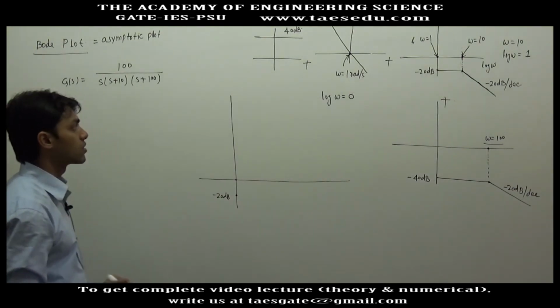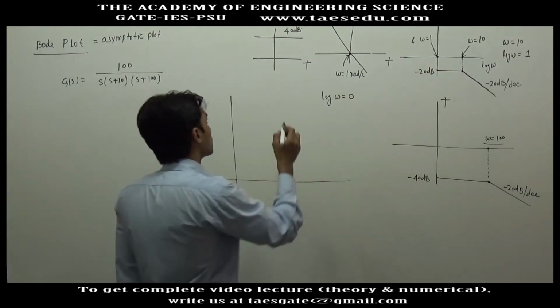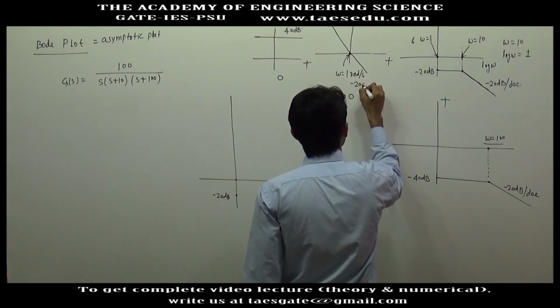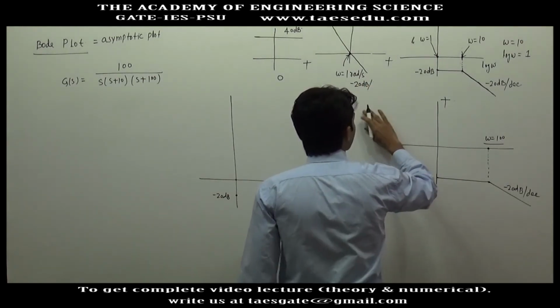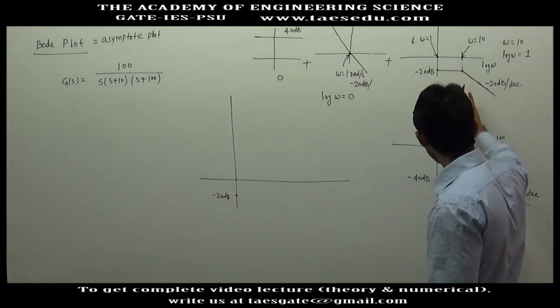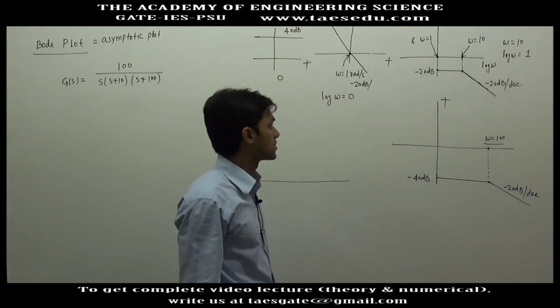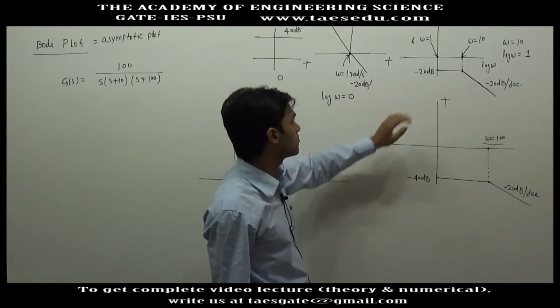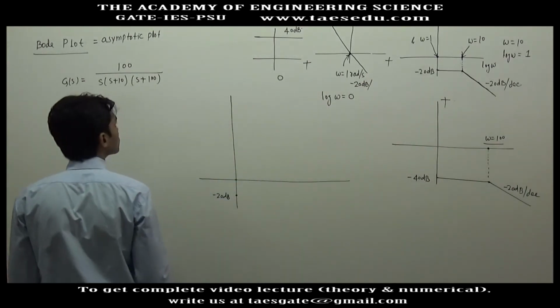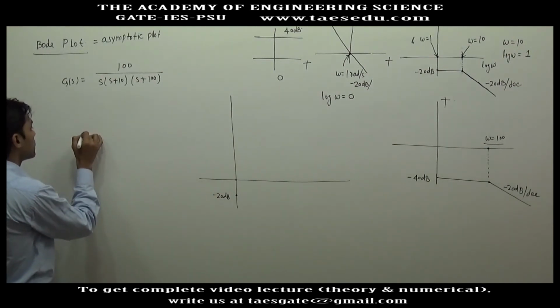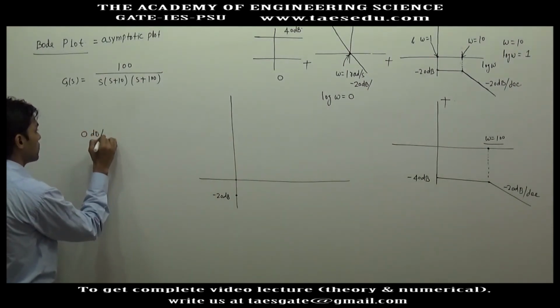Now if we talk about the slopes, this always gives 0 slope. This always gives minus 20 dB per decade. But this does not give a constant slope, and this also does not give a constant slope. So what is the boundary of slope? For the first term, we get 0 dB per decade always.